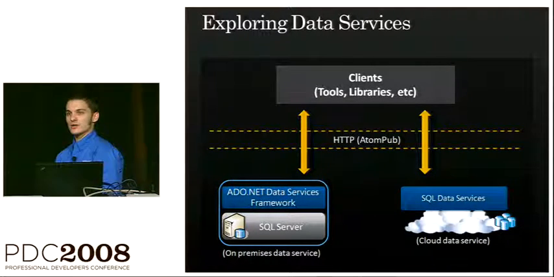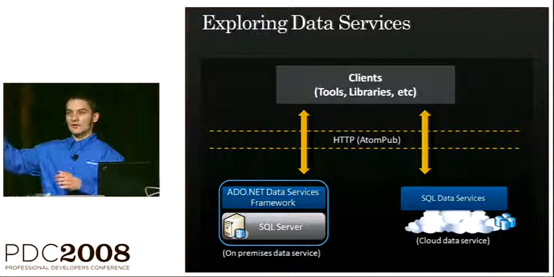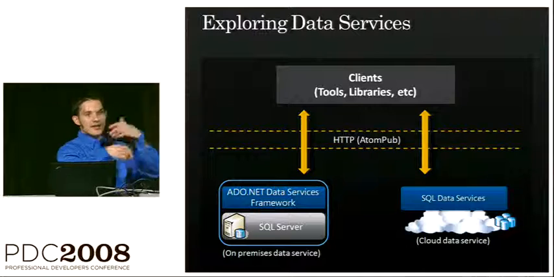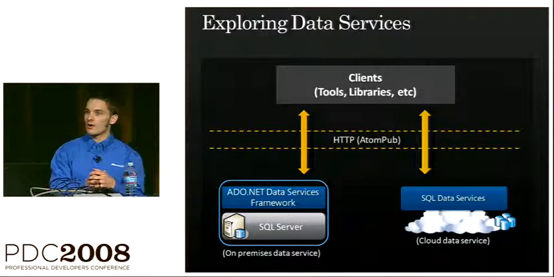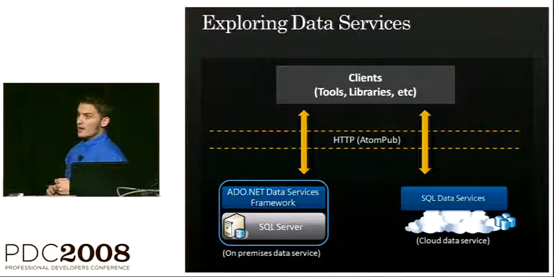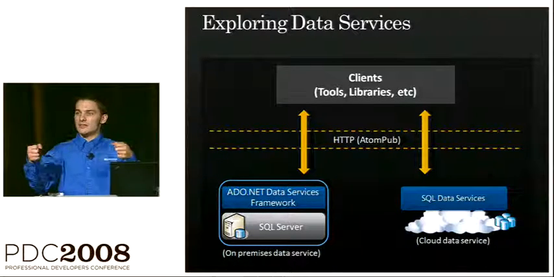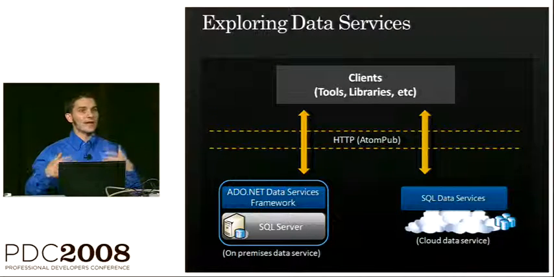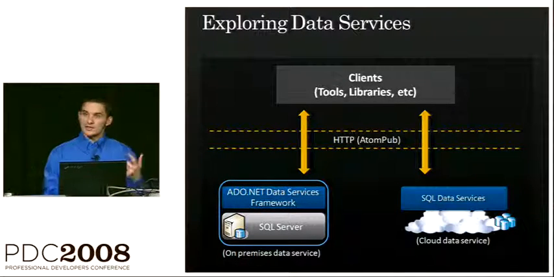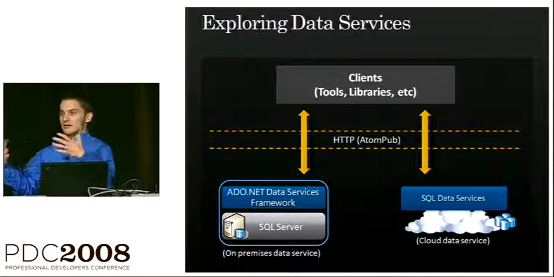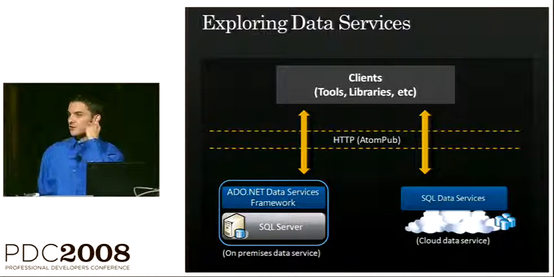Another service we're going to look at is a SQL Server Data Services service that I've gone off and done the account creation dance beforehand and populated some data up in my cloud account. Now we're going to look at both of these services in turn from the client perspective, or from the developer's perspective, writing an app against these services. And the first thing we're going to see is what I mean by this uniform interface. What does it mean to interact with these services using the uniform interface?